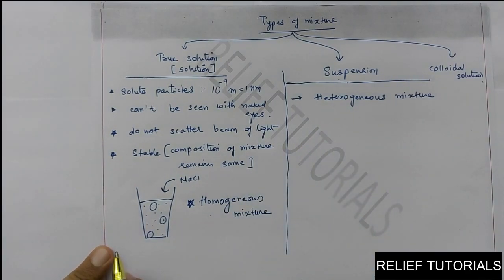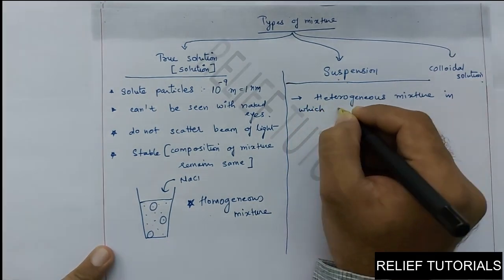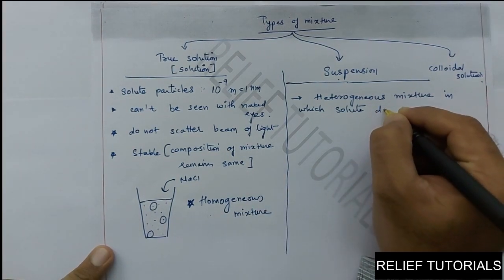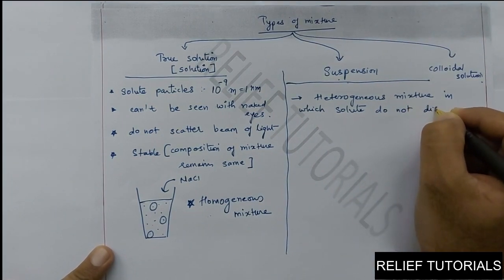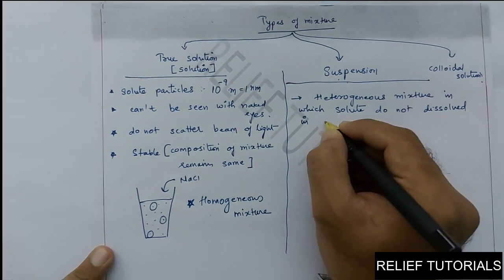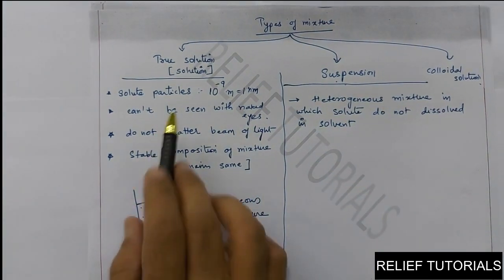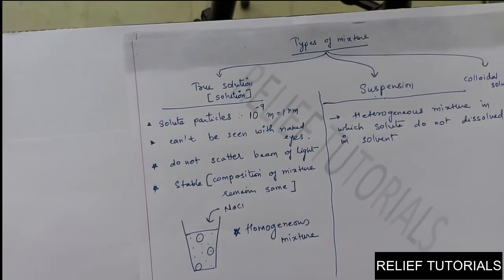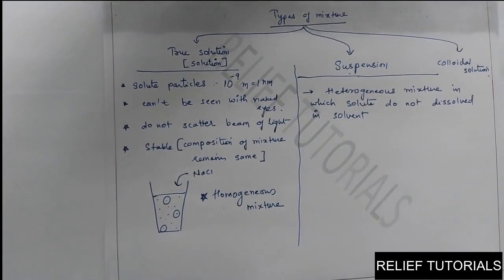Suspension is a heterogeneous mixture in which solute particles do not dissolve in the solvent. The first difference between these two is that in a true solution, solute particles dissolve in the solvent, and here the particles do not dissolve in the solvent.